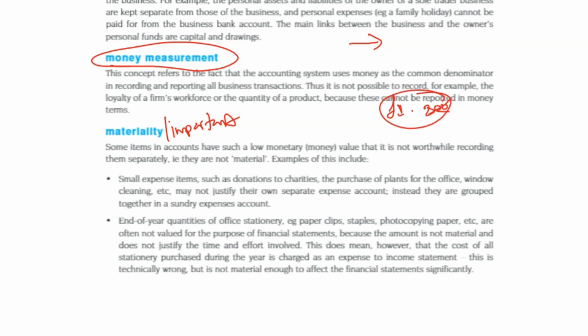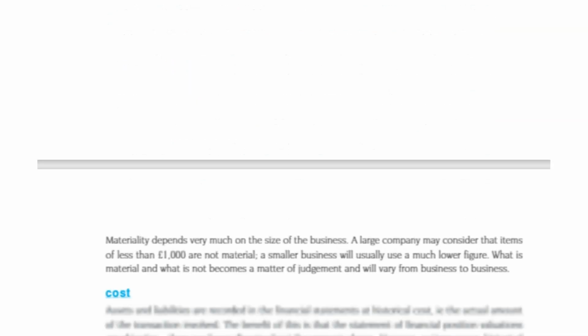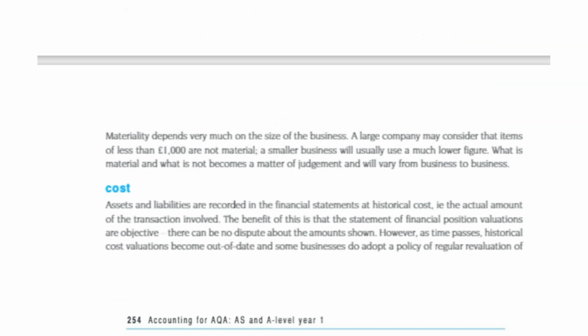He's going to round it down to 1 million. But for a small business with 2,200 pounds, this 200 is material for him. So that is called materiality. Some small expenses could be immaterial, but it depends on the size and nature of the business. Immaterial items we don't record in the business, and the material items we must record in the business.